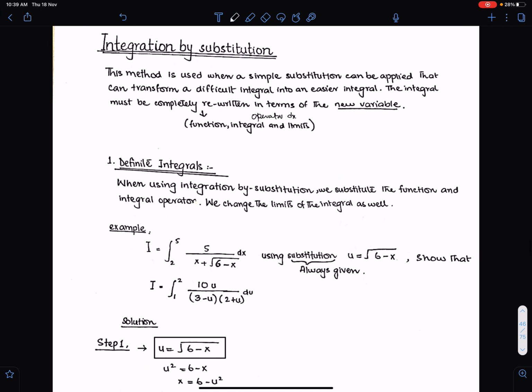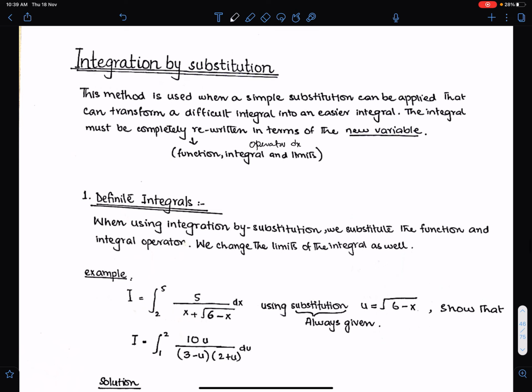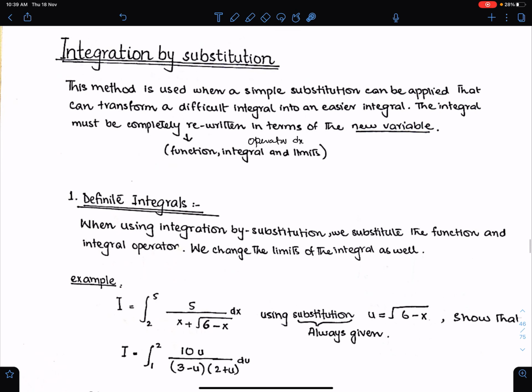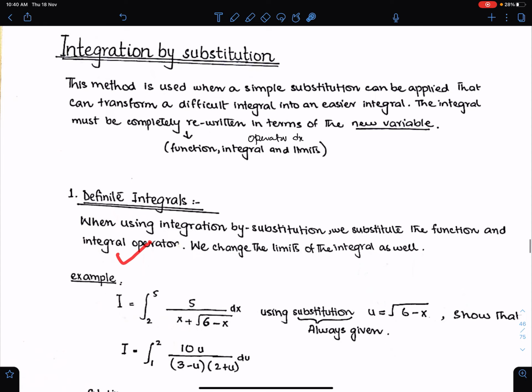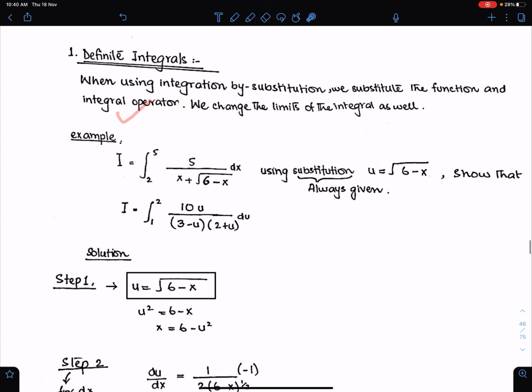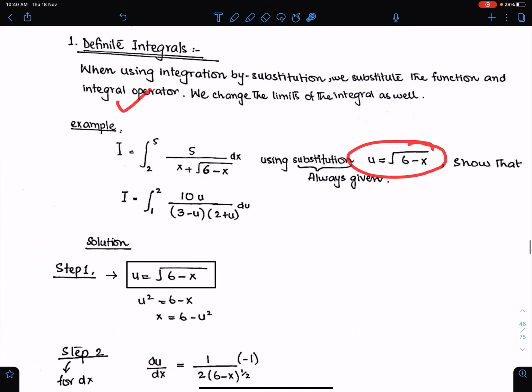So in integration by substitution for definite integrals, we substitute the function, that is x, and the substitution will always be given in the P3 syllabus, and we substitute the integral operator, and for that we always differentiate the given substitution.